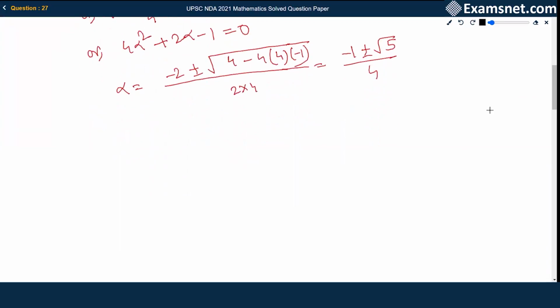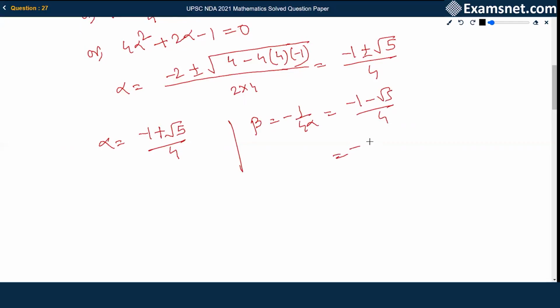Now let's consider the positive value for alpha, that is minus 1 plus root 5 by 4, and so beta is minus 1 by 4 alpha, which becomes minus 1 minus root 5 by 4.